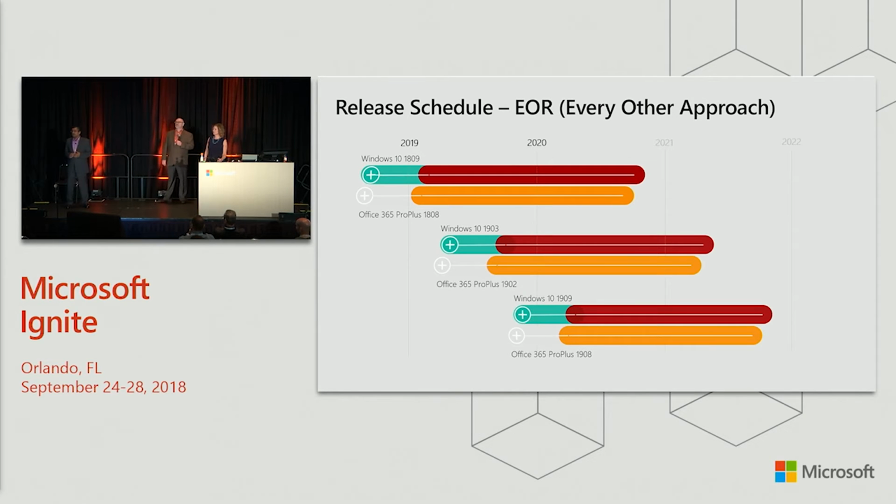So like I said, folks, while Windows as a service is definitely here, and it is here to stay, you don't have to jump in head first and take Microsoft's 6-month feature update cadence. You don't have to adopt it on day one. You can give yourself a better, smoother transition into Windows as a service. So when we considered the way CHS was behaving and how new the Windows servicing model was to CHS's IT personnel, we thought that it would be a better transition if they adopted an every other release approach.